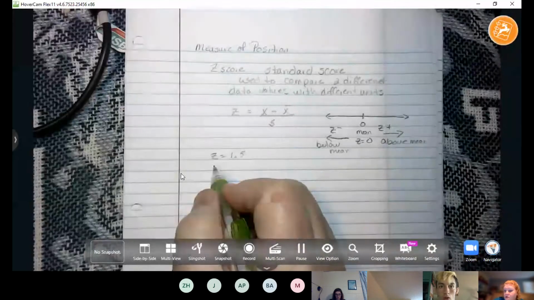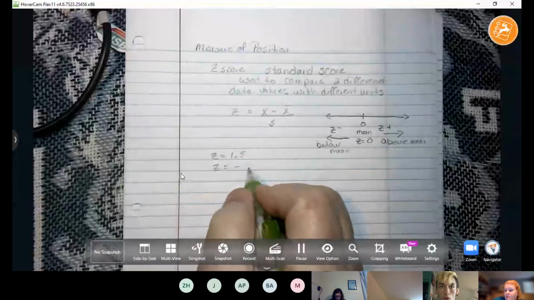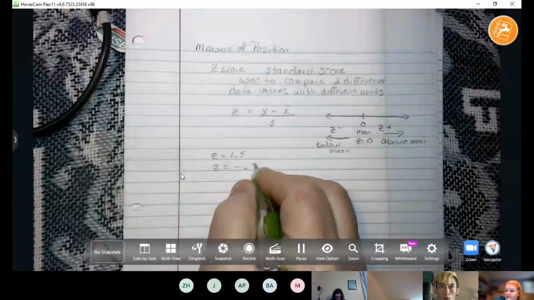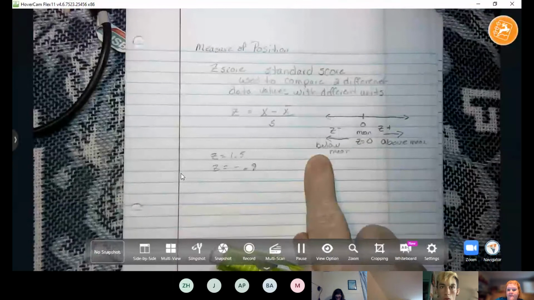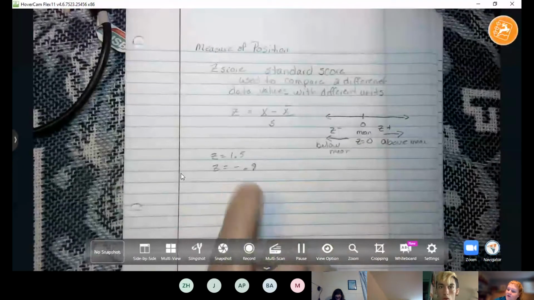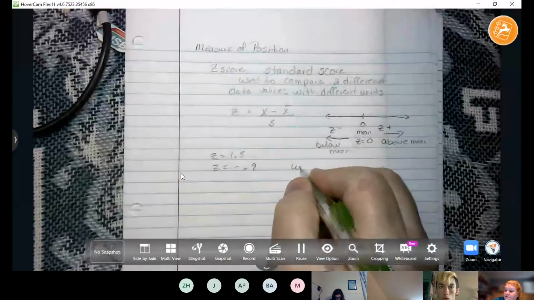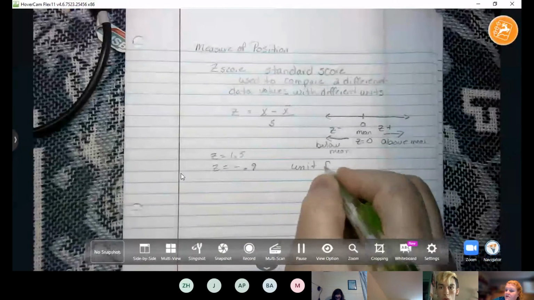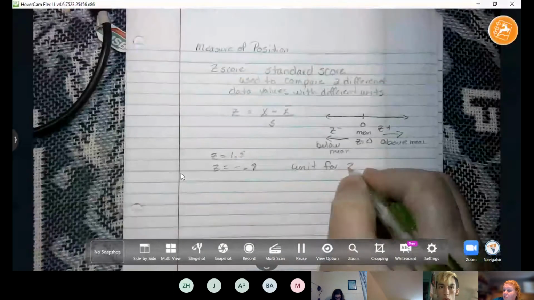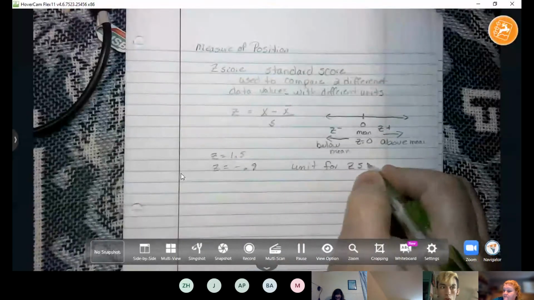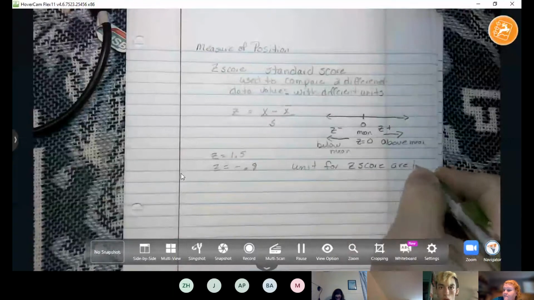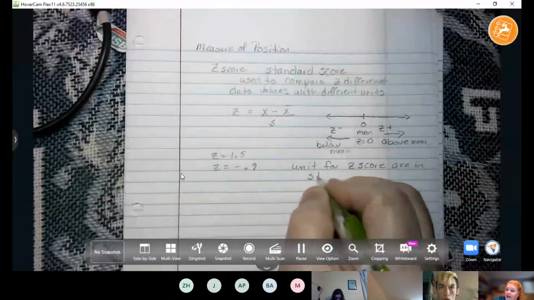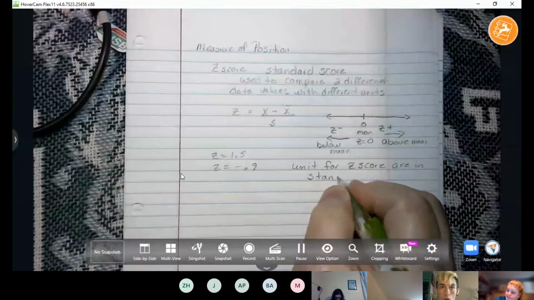A Z-score of negative 0.8 means you are below the mean. And the units for Z-score are in standard deviations.